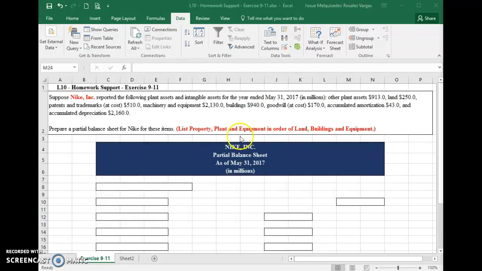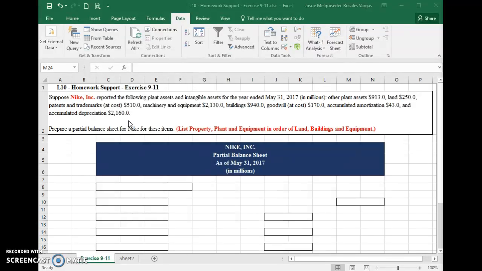Suppose Nike Incorporated reported the following plant assets and intangible assets for the year ended May 31st, 2017, in millions. We have to be careful about the information given in red, which says list property, plant, and equipment in order of land, buildings, and equipment.